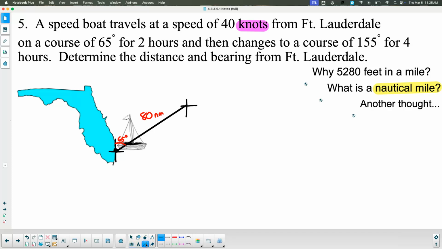That's going to be down there, where this angle here is 155 degrees. And it stayed traveling for 4 hours. So how long is that side? That's 160 nautical miles.